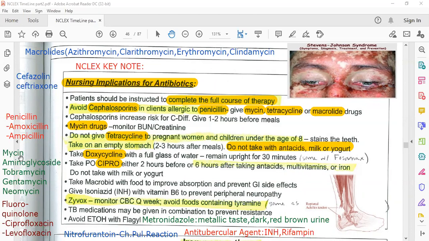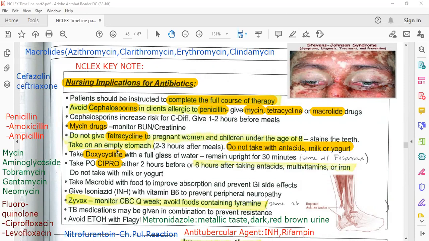Keep in mind, mycins like aminoglycosides should not be given during pregnancy. And if you give it to the patient, it is good to check the blood level.